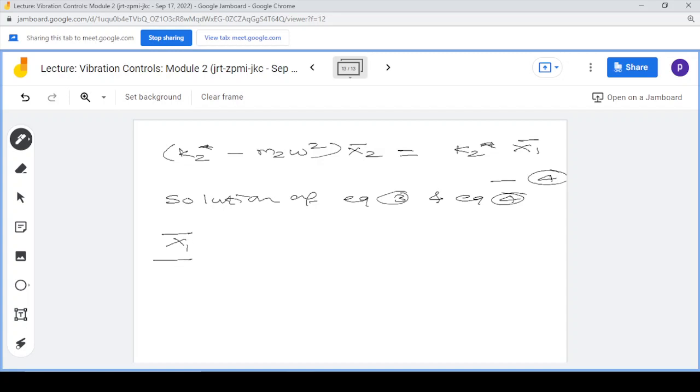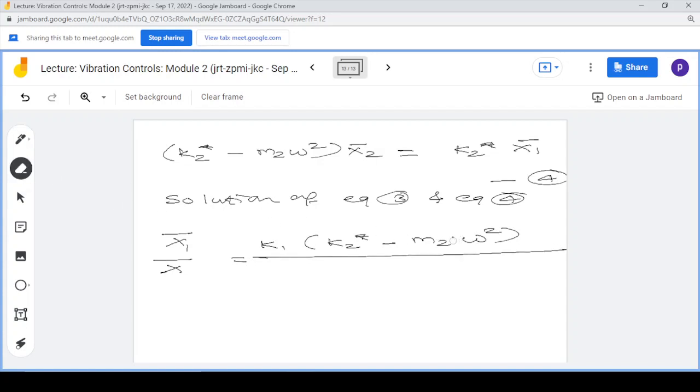We write x1 bar by x as k1 into k2 star minus m2 omega square, which is divided by k1 minus m1 omega square into k2 star minus m2 omega square minus k2 star into m2 omega square.